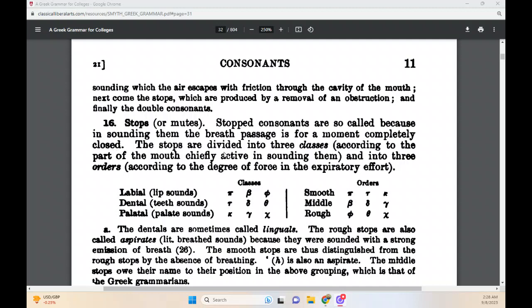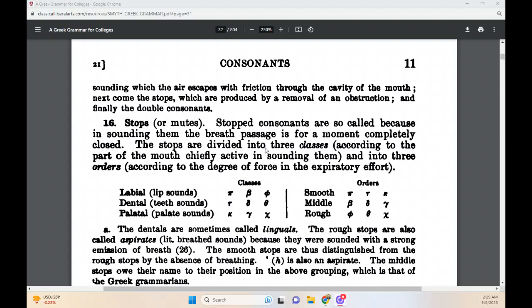The stops are divided into 3 classes according to the part of the mouth chiefly active in sounding them. And they're also divided into 3 orders according to the degree of force in the expiratory effort. So we have the simple idea of stops, which are consonants that stop the speech for a moment.